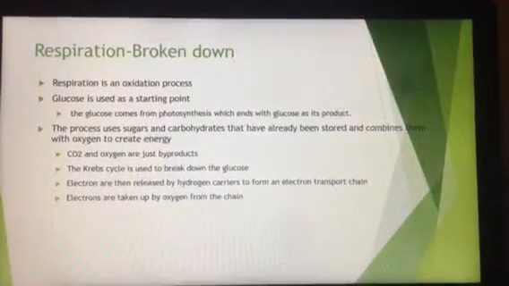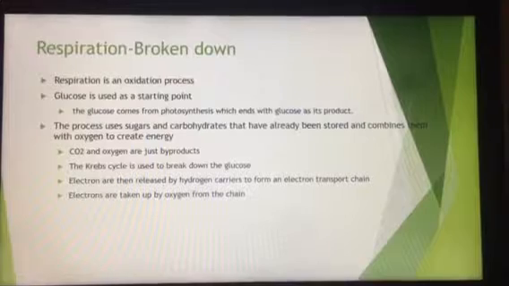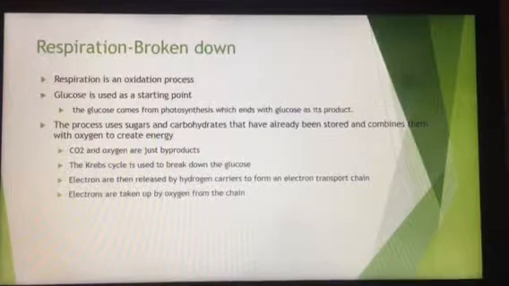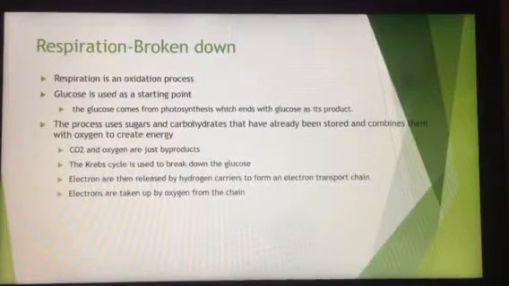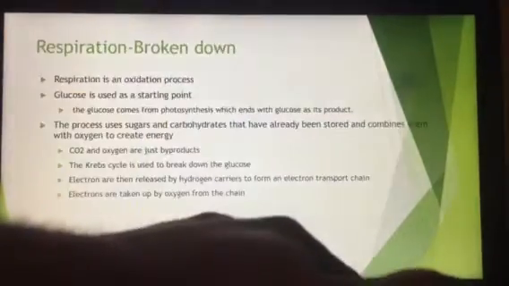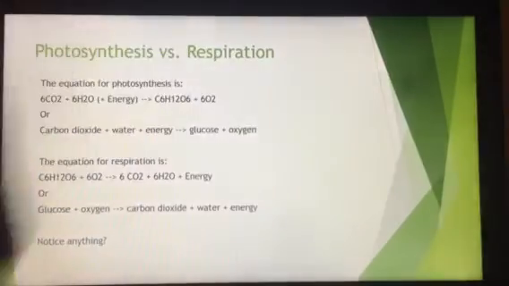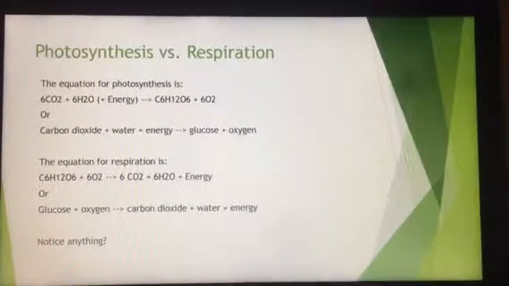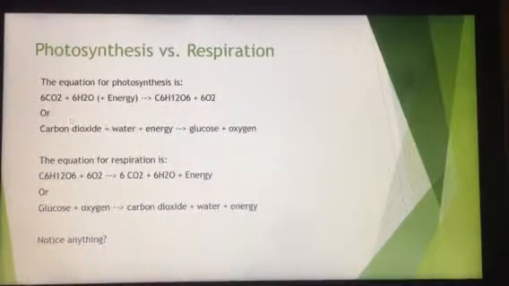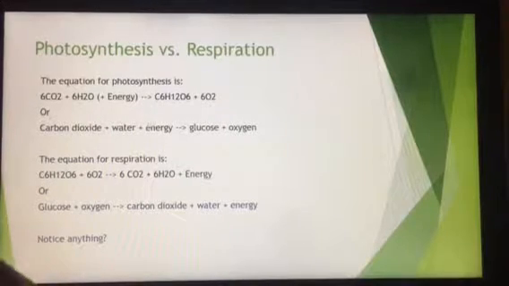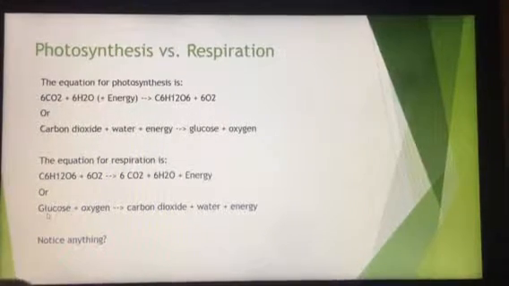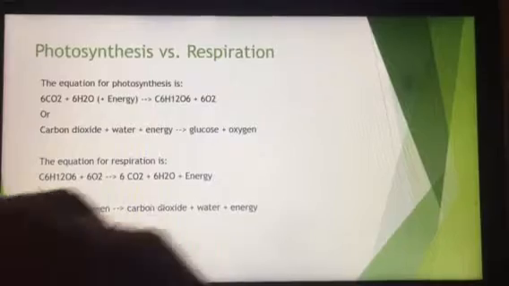Respiration broken down. Respiration is an oxidation process. Glucose is the starting point. As you can see, it takes what photosynthesis produces and uses that to produce carbon dioxide.